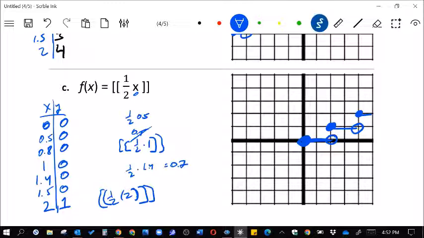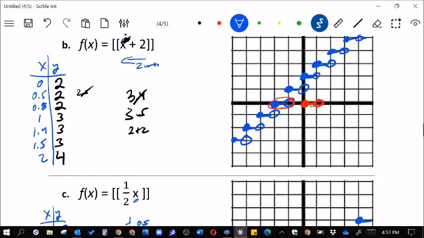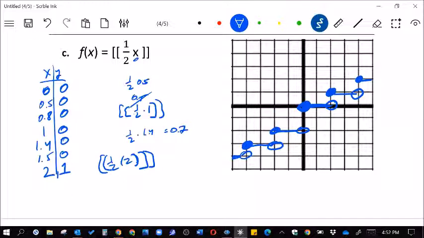Okay. And then that means we can go the other way here. There. So in this case, it's like these others, but the steps have been elongated.